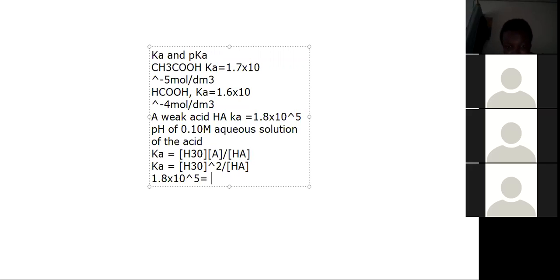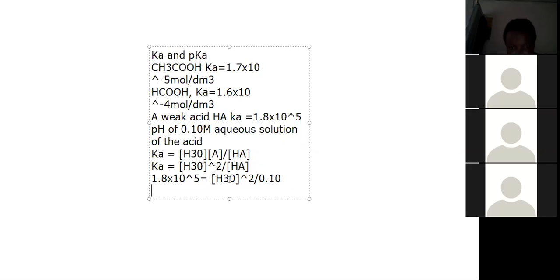But we've been given that of the aqueous solution, which is the acid solution, to be 0.10 M. And so we are going to get H3O plus squared all over the concentration of HA. HA we are given to be 0.10, sorry.